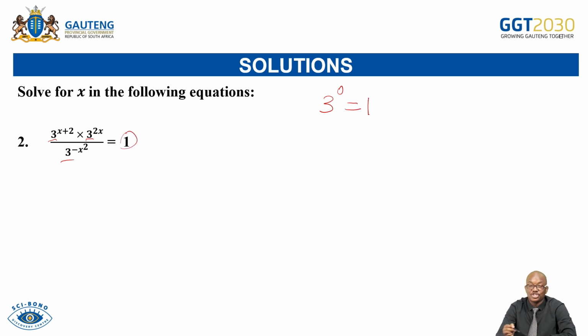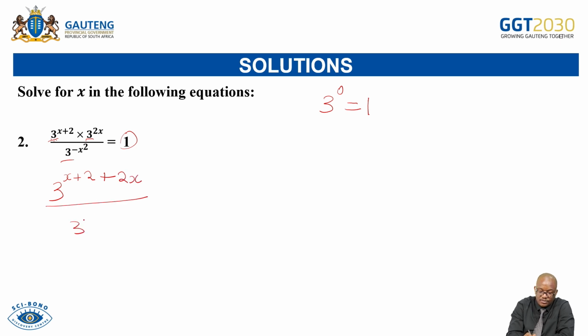That's how we can change that one to 3 to the exponent of 0. Before we do that, let's deal with multiplication of the same base and division of the same base.